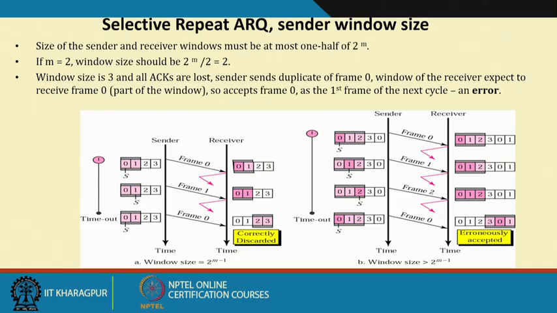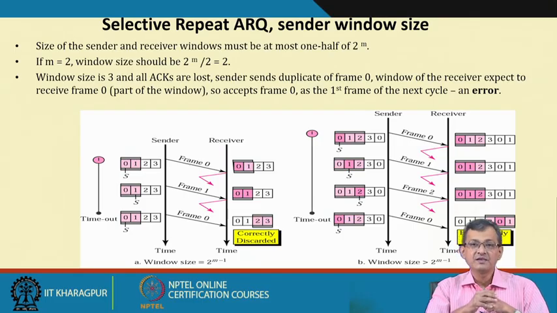But in go back N, what we have seen is that the receiver has only one pointer, whereas a bunch of frames can be sent from the sender end, and the receiver also has the option of sending a cumulative acknowledgement. Then there is selective repeat ARQ.